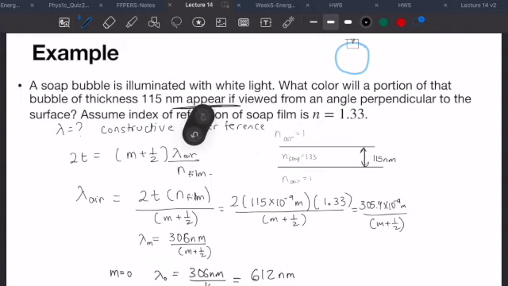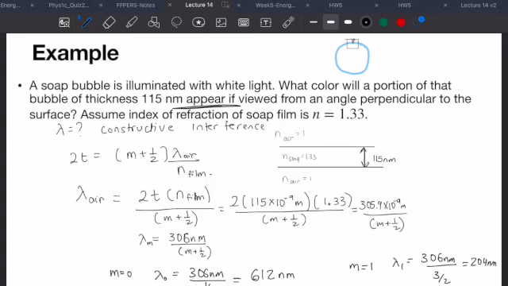All right, that's in our visible light spectrum. It's somewhere around reddish orange. Let's try m equals 1. So lambda 1 is equal to 306 nanometers divided by 1 plus a half, which is 3 halves. So that gives us 306 divided by 3 times 2, so 204 nanometers.